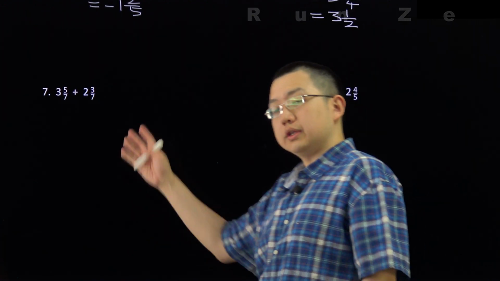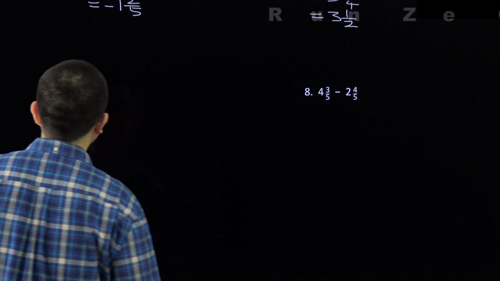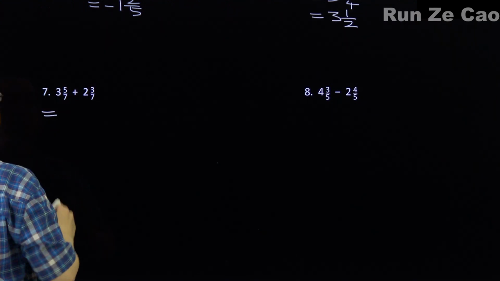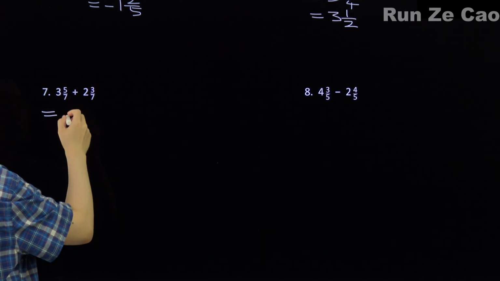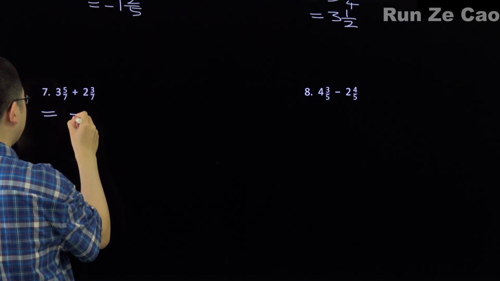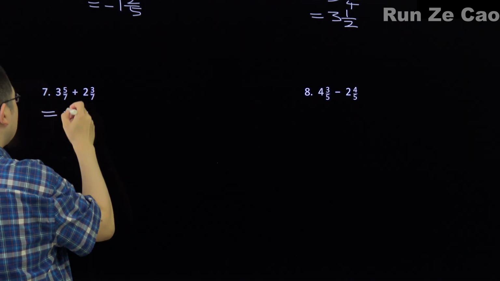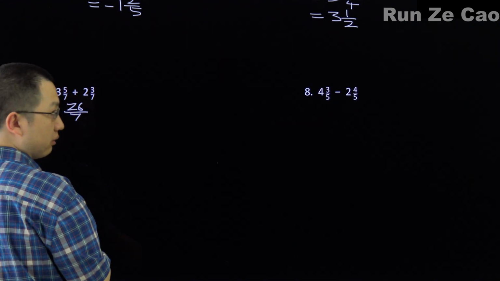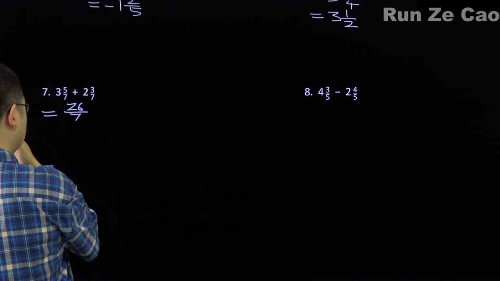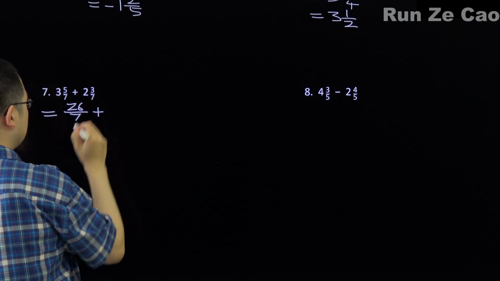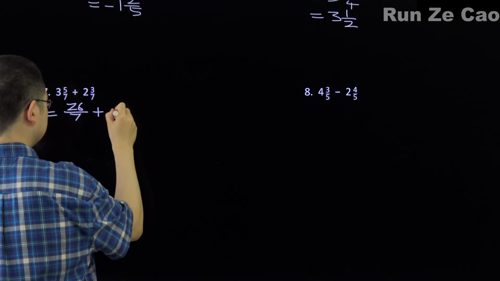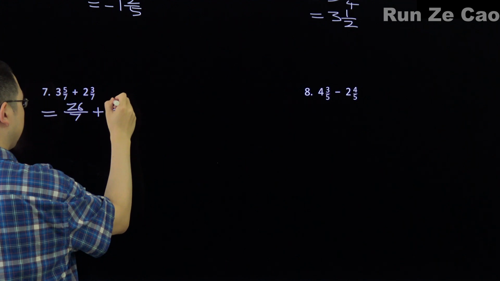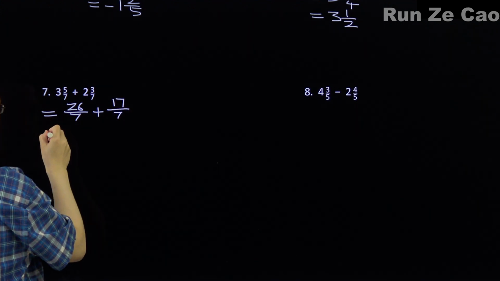Okay, how about with these mixed fractions? Well, you can certainly convert them into improper fractions first. So 26 here. 3 times 7 is 21 plus 5. And 2 times 7 is 14. 14 plus 3 is 17.